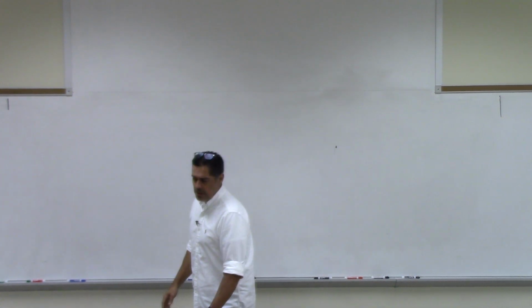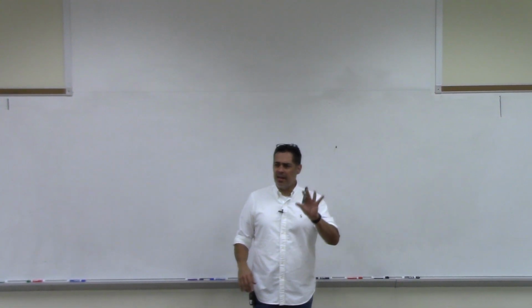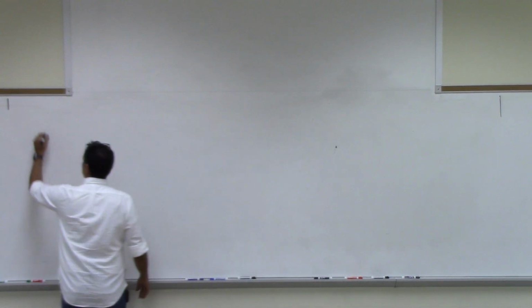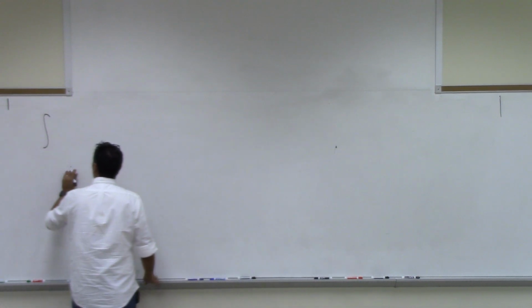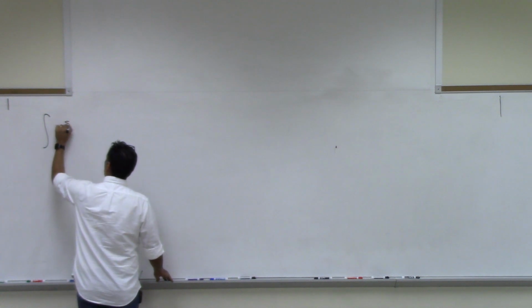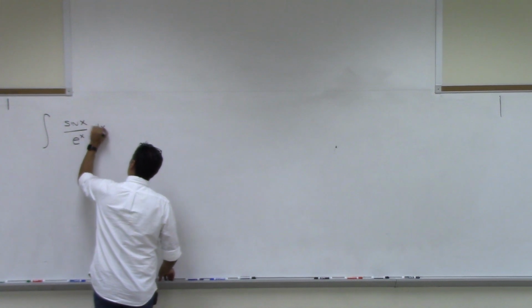So first thing I want to do, remember we left off with that beautiful equation thing? I'm going to get to that. I want to do something else first. So let's say we were asked to do this integral. Let's do, how about sine x over e to the x dx?